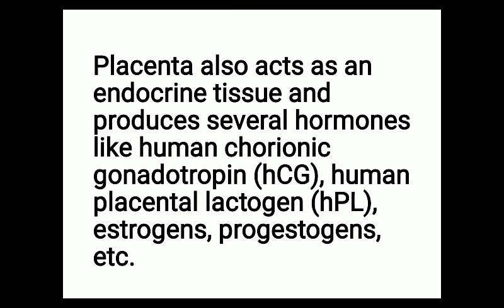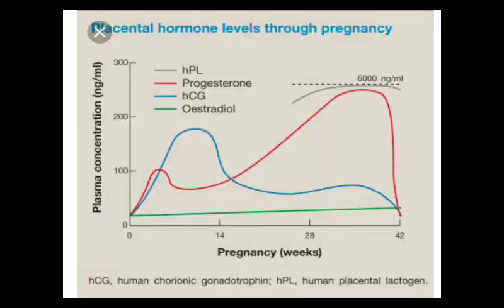A one-mark question can come: what is the full form of HCG? The answer will be human chorionic gonadotropin. What is the full form of HPL? The answer will be human placental lactogen. These are the different hormones which are secreted by the placenta during the pregnancy: HPL, progesterone, HCG and estradiol, which is also known as estrogen.